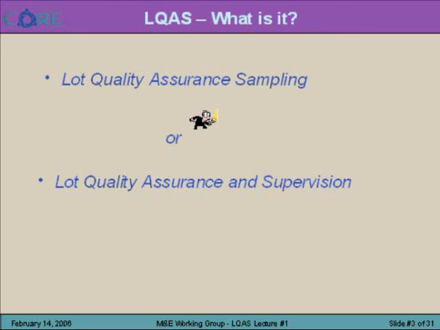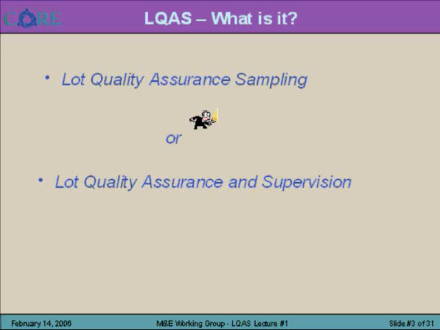Before we get into the nuts and bolts of LQAS, first we would like to define what we understand when we use the term LQAS. Although lot quality assurance sampling can be defined as a stratified random sampling methodology to be used in quantitative surveys, the application of this methodology goes beyond the boundaries of any sampling methodology.